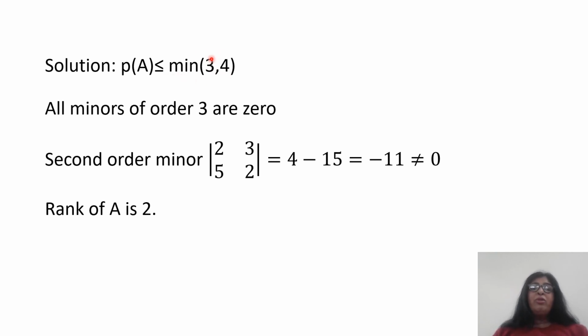So the minimum of 3, 4 is 3. When I check all the minors of order 3, they come out to be 0. Then what will I do? I will take up a minor of order 2. So I have taken a minor of order 2 having entries 2, 3, 5, 2. Just solve it out. On solving it, you get minus 11, which is not equal to 0. So the rank of the matrix A is 2.